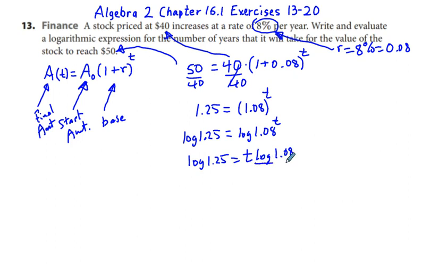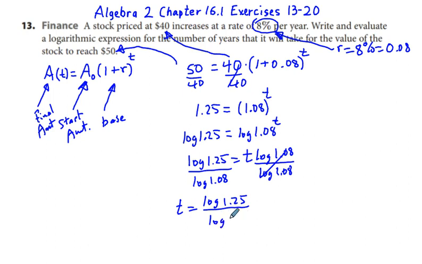Now we're going to divide both sides of this equation by log 1.08. So we have t is equal to the quotient of log 1.25 and log 1.08.